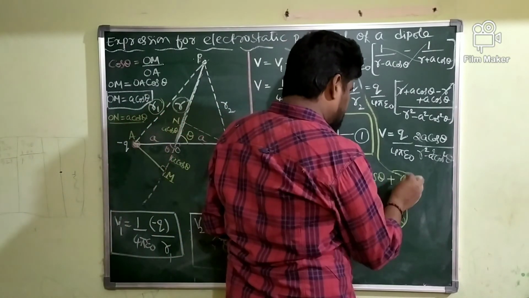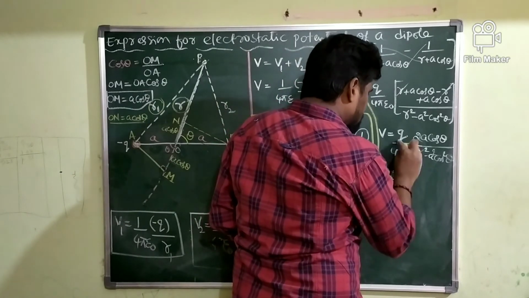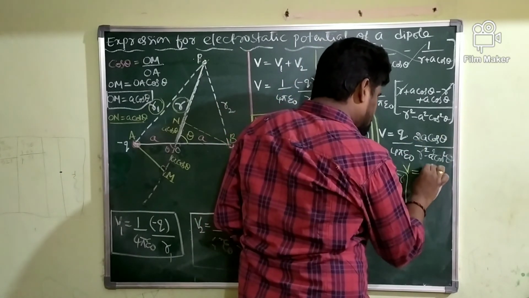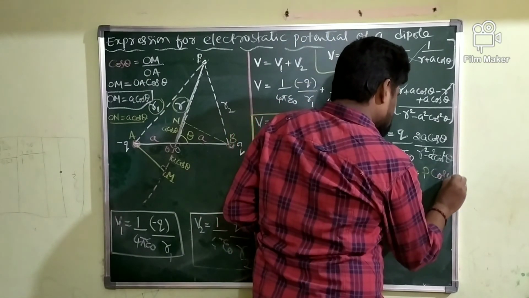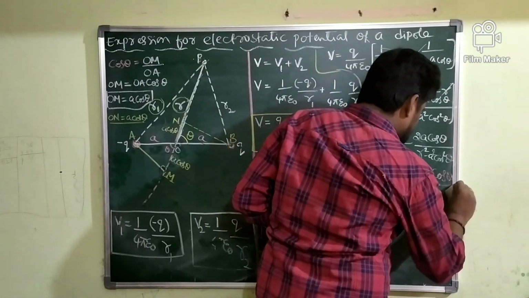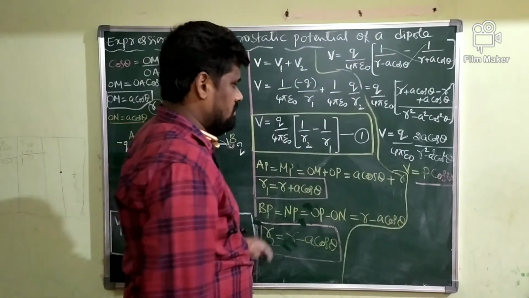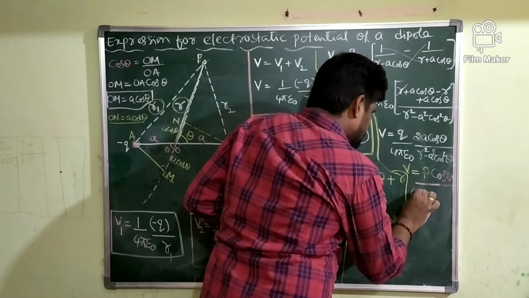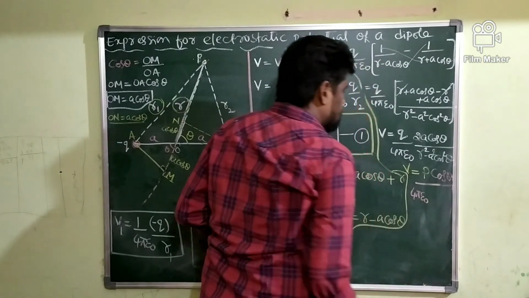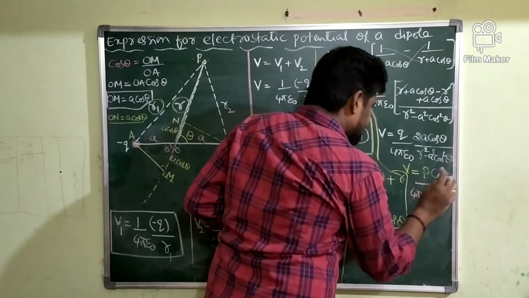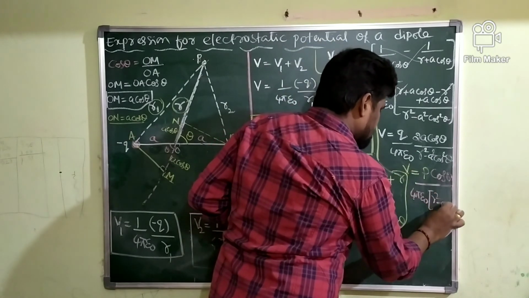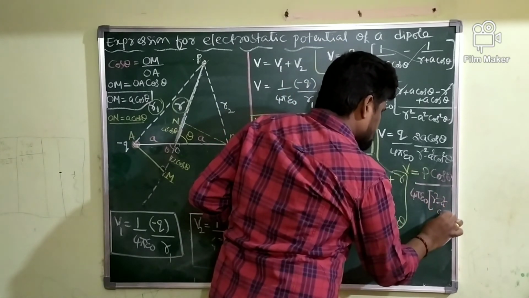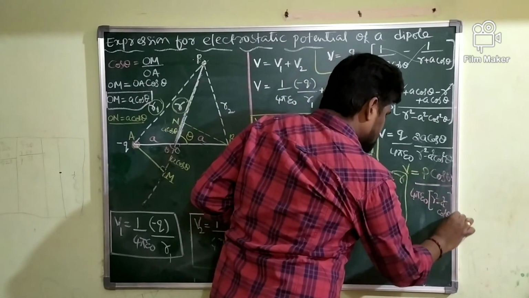Therefore, what can I write now? V is equal to P cos theta divided by 4 pi epsilon naught into R square minus A square cos square theta.